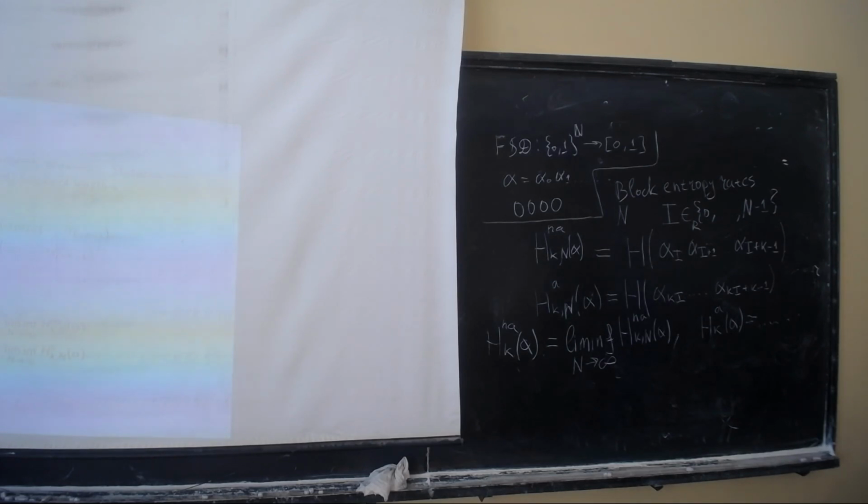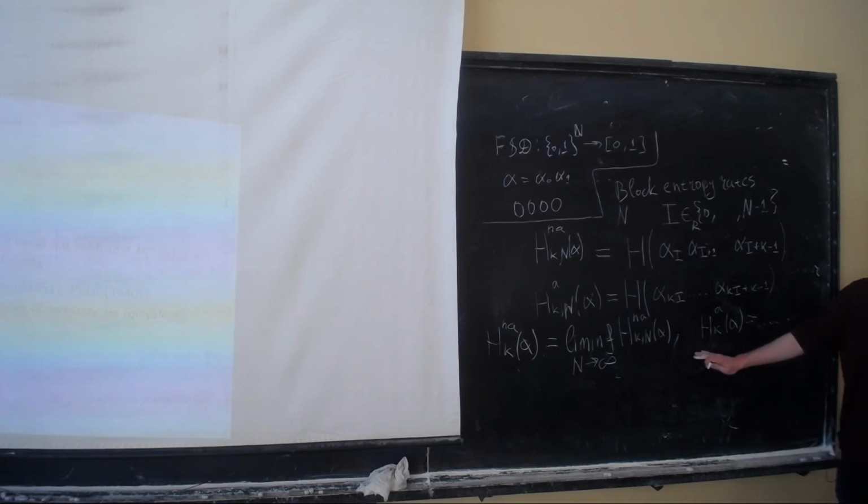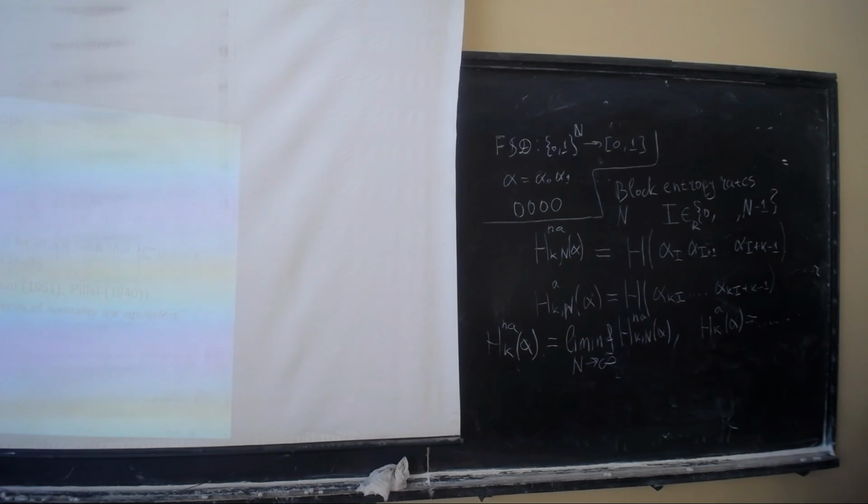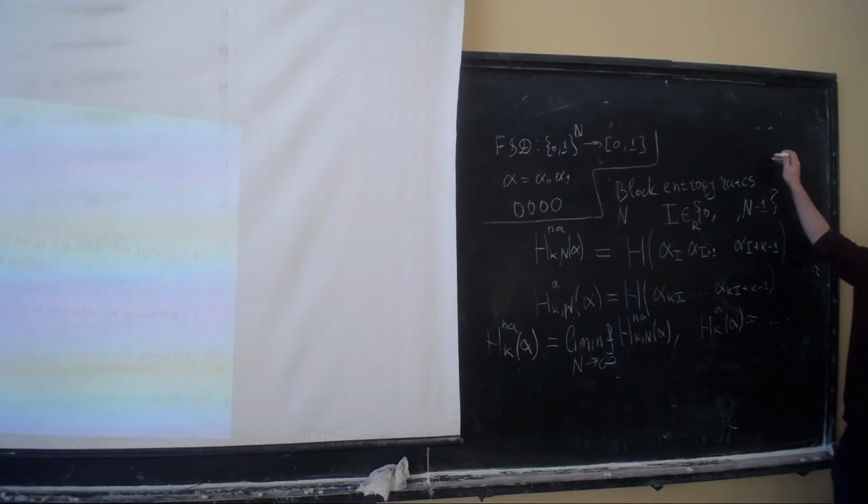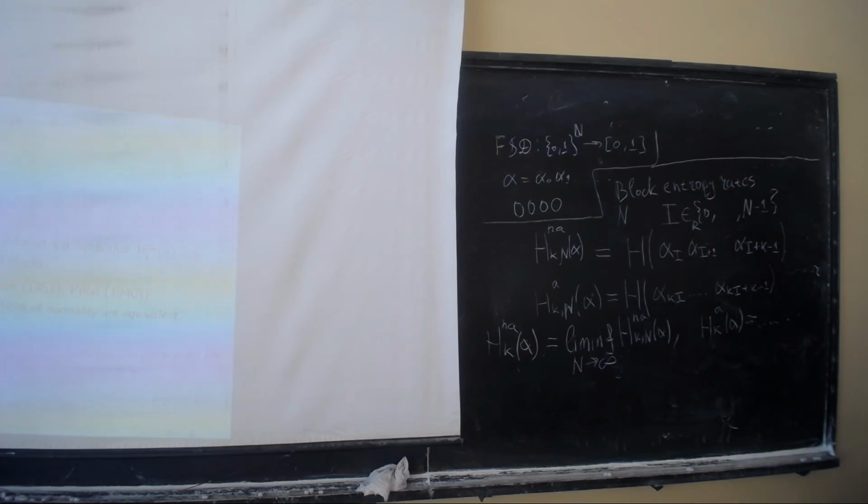Okay, and now, before defining finite state dimension, let's talk a little bit about normality. Since I have defined these things, I can define in these terms what is a normal sequence.